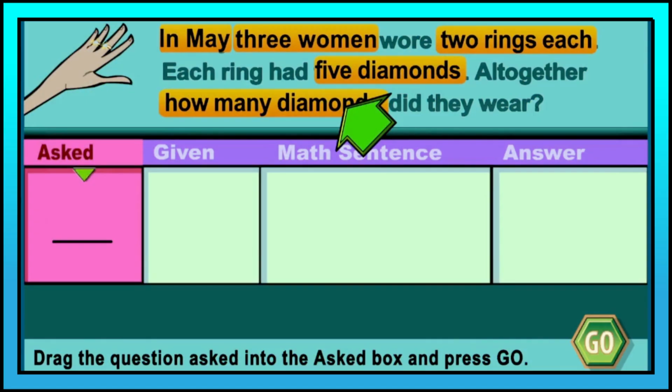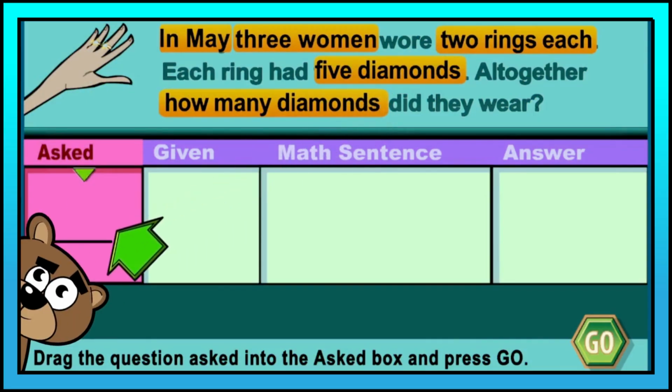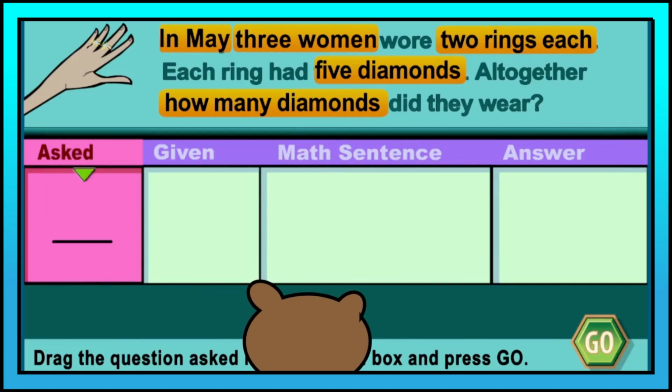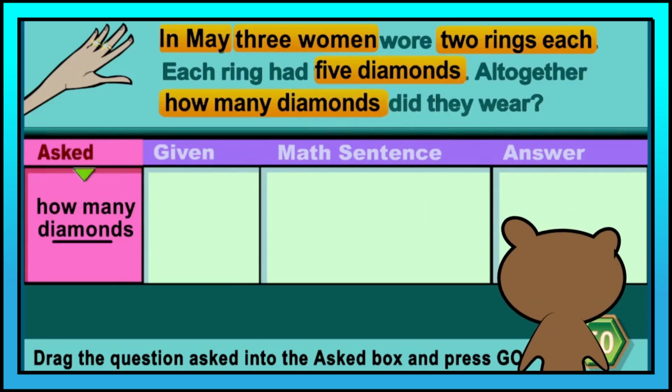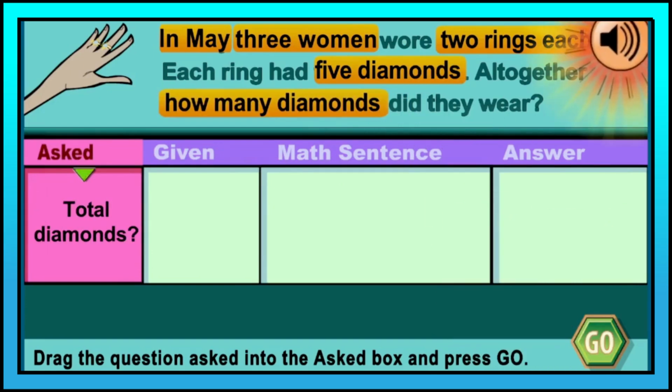First, find out what is asked. The question. Drag the question into the asked box in the table and press go. I got it! That's it.